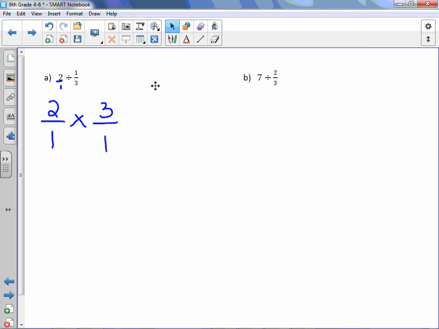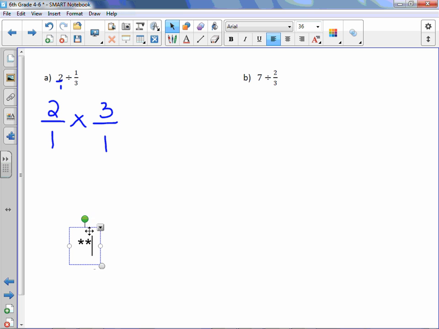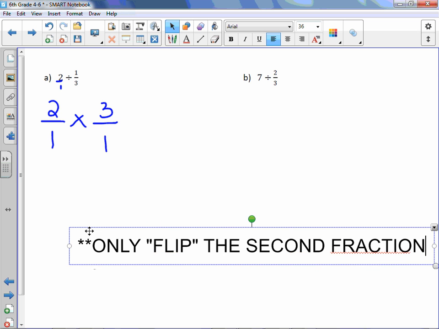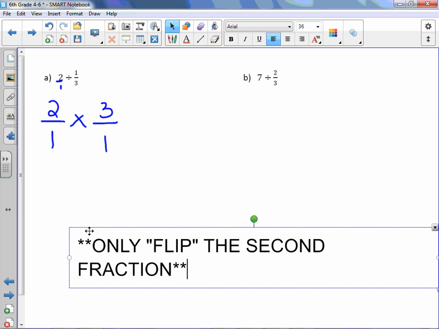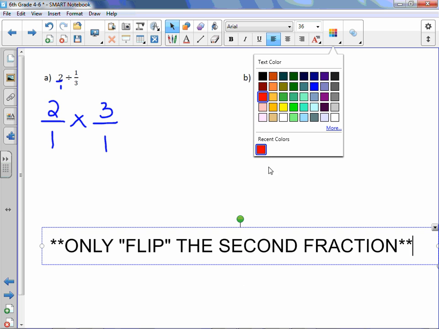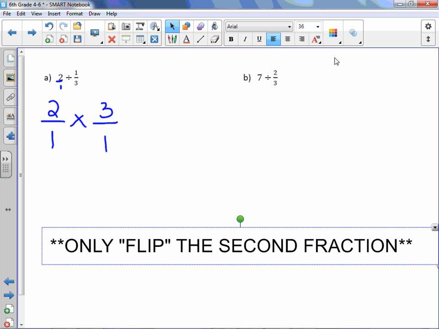You only flip the second fraction. In fact, let's jot that down. Only flip the second fraction. You will never touch that first fraction.